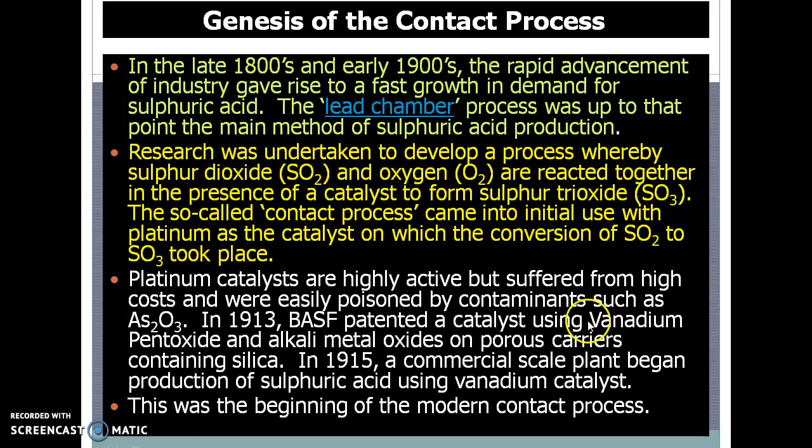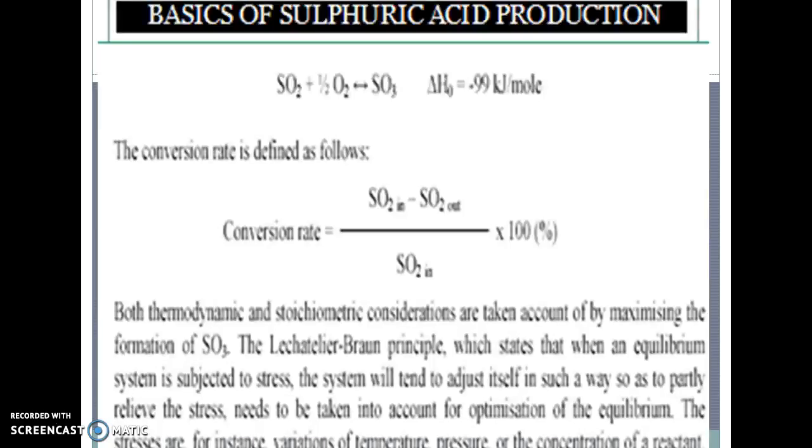This catalyst is more stable towards the contaminants compared to the platinum catalyst. That's why on a commercial scale people now use vanadium pentoxide as the main catalyst. This is called the contact process. There is a single contact process and a double contact process. We'll see how the processes were developed.